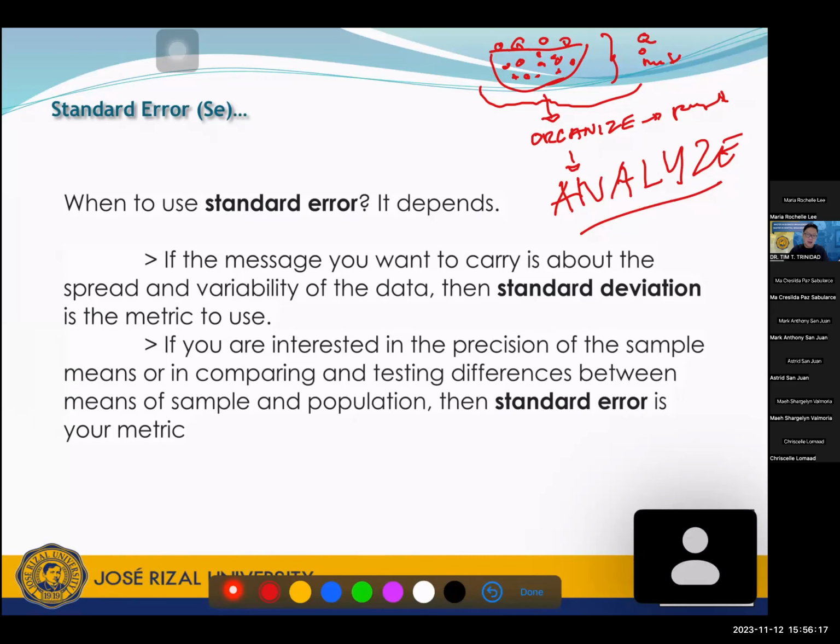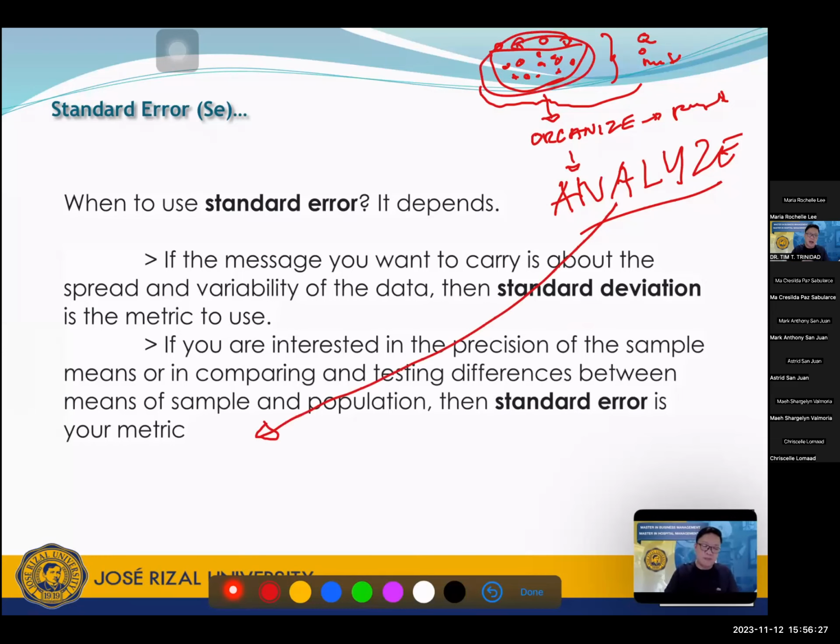Yes, sir. Okay. So when you're ready to analyze, how will you analyze this data? How would you present? Graphs, tables. Statistics.